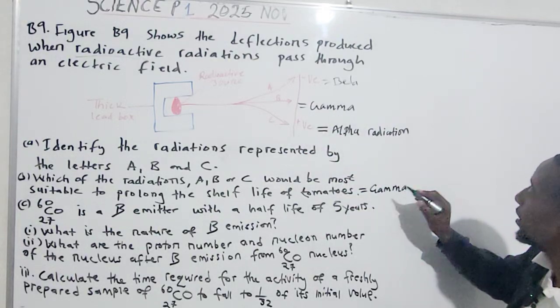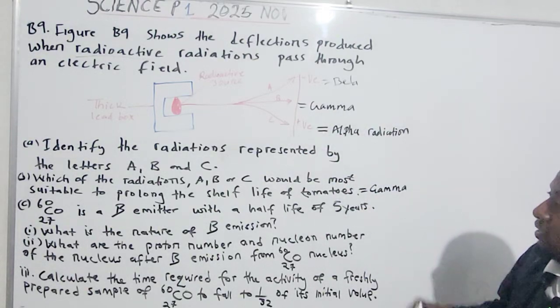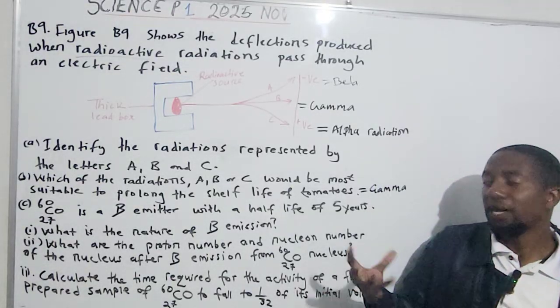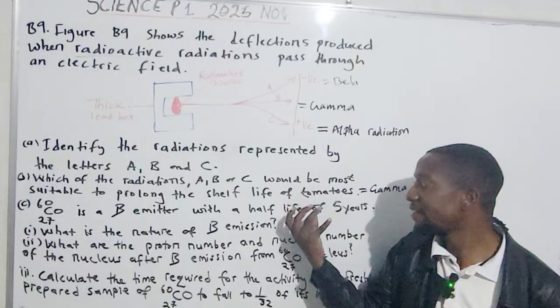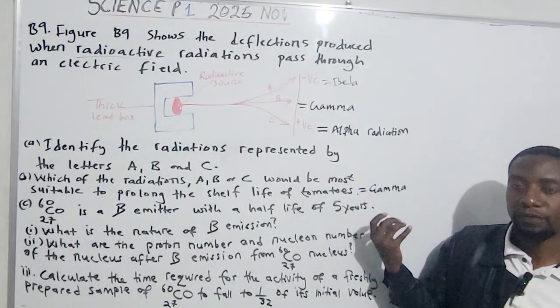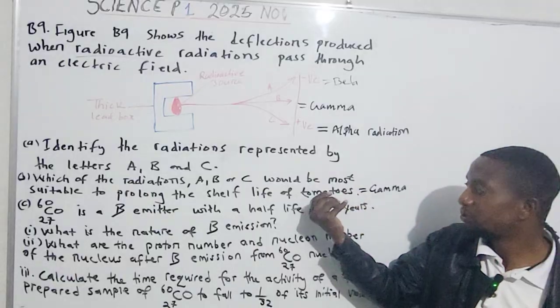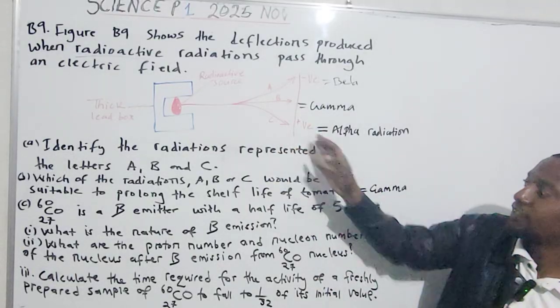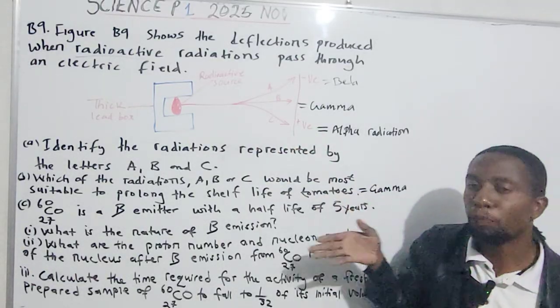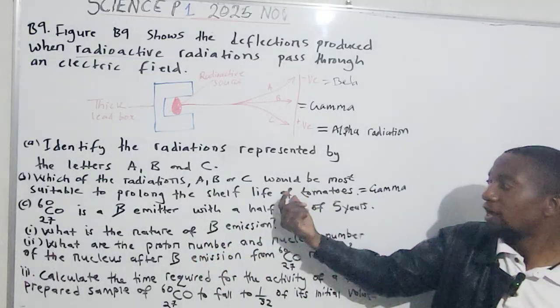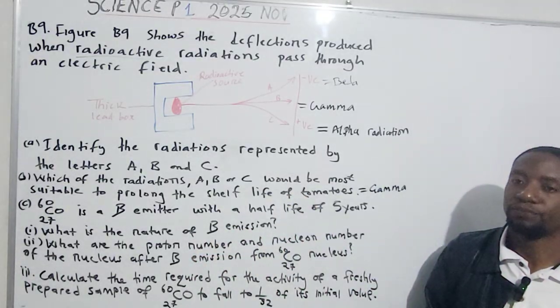It's the one that can prolong. This is talking about preservation. Gamma can preserve the life of tomatoes, because gamma rays are able to penetrate and prolong the life of tomatoes.